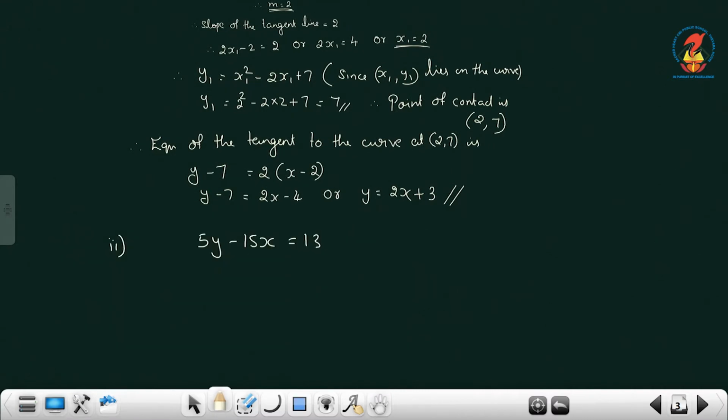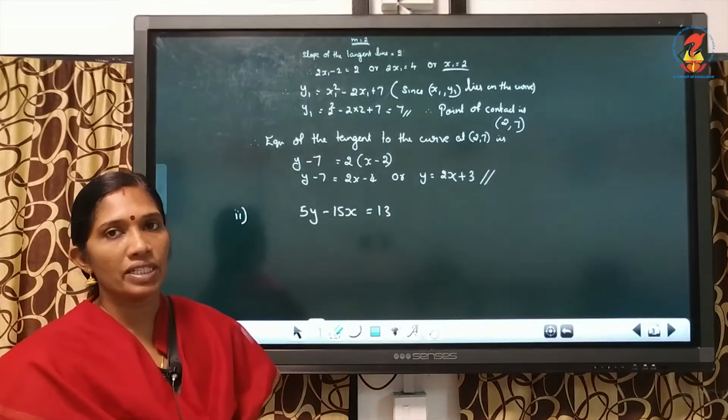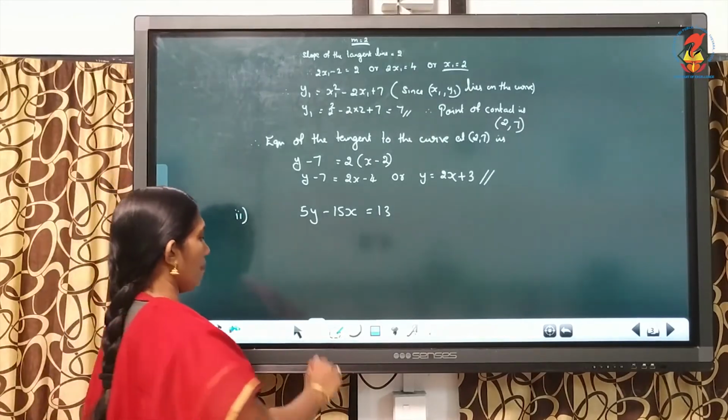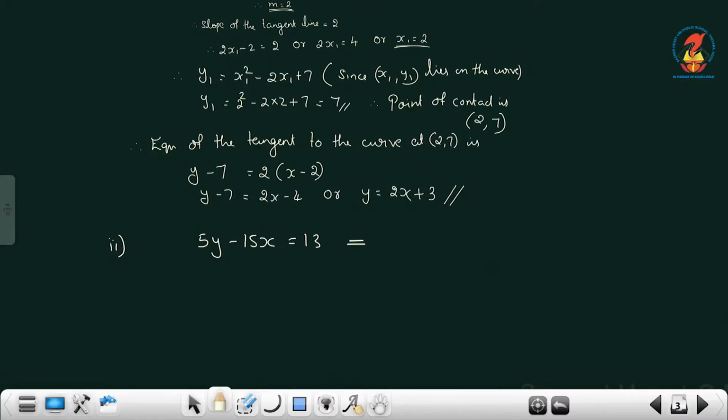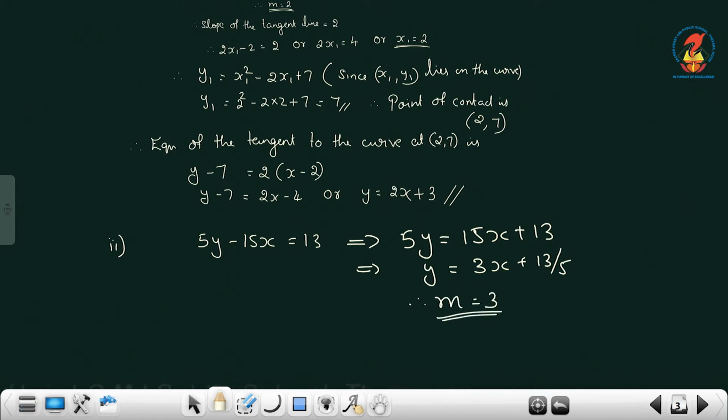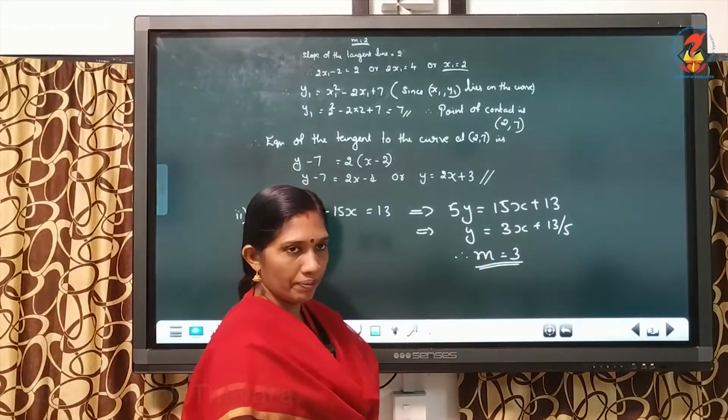So now reduce this equation to the form y is equal to mx plus c. So 5y is equal to 15x plus 13, which implies y is equal to 3x plus 13 by 5. Therefore what is m? Slope of this second line, the perpendicular line, is equal to 3.